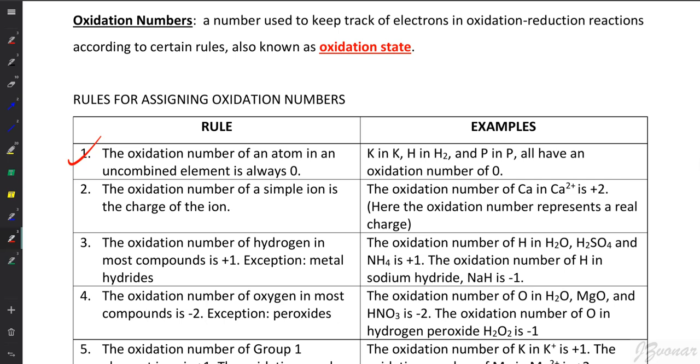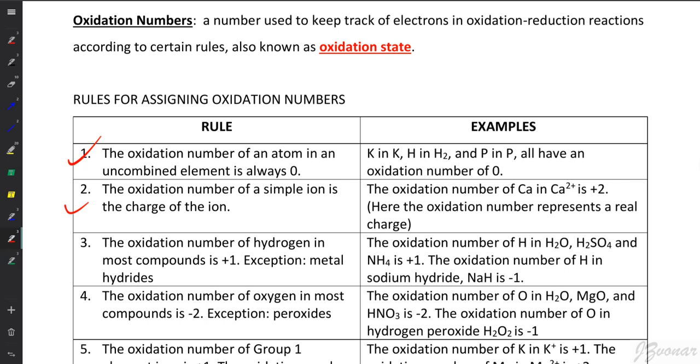P and phosphorus, all of these, regardless of whether it's a metal or a nonmetal, any element in its elemental form is given 0. The oxidation number of a simple ion is given the charge of the ion. So calcium has a charge of +2, therefore its oxidation number is +2.